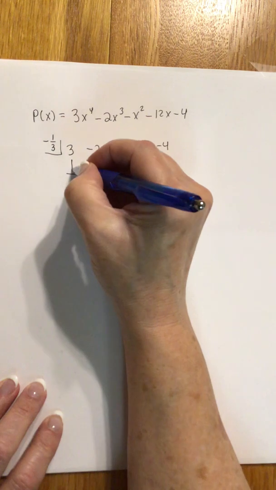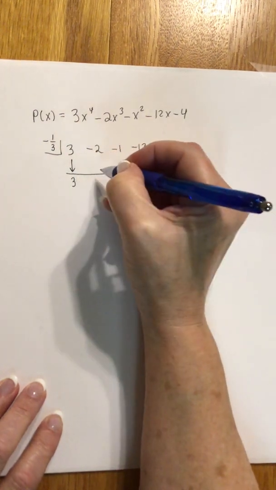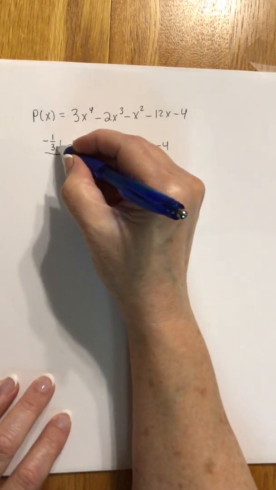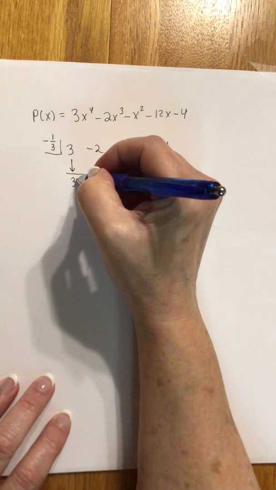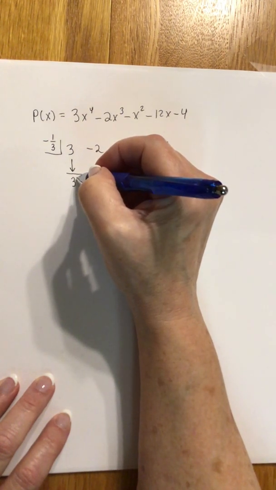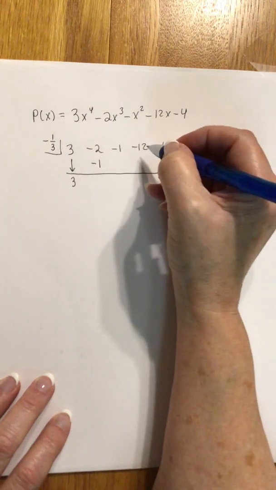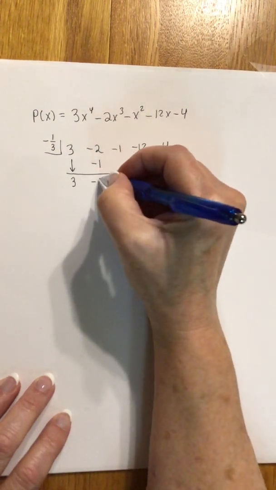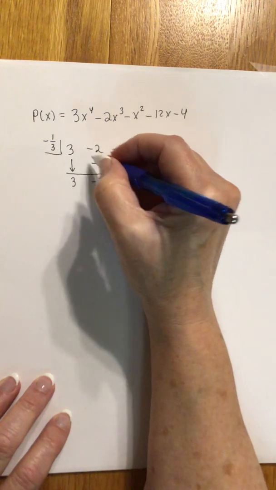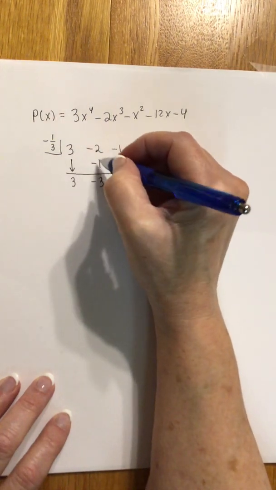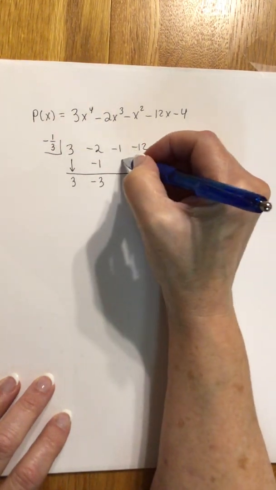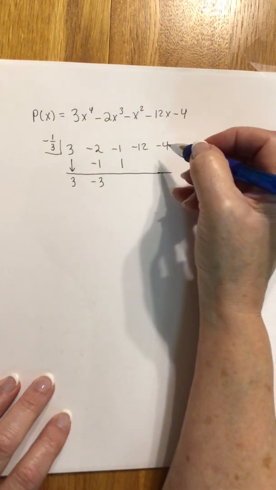So I start out by dropping the 3. So what do we do? We multiply. So we multiply 1/3 times 3. 1/3 of 3 is going to give me 1, but I have a negative, so it's going to be negative 1. So now I add these two together and get negative 3. So again, 1/3 of 3 is 1, but this time negative times negative makes this a positive 1.